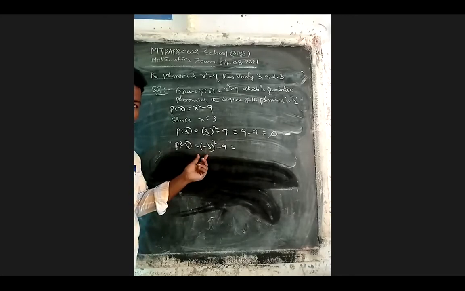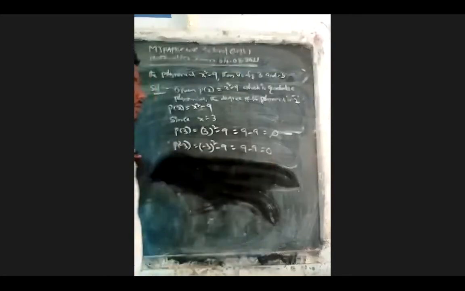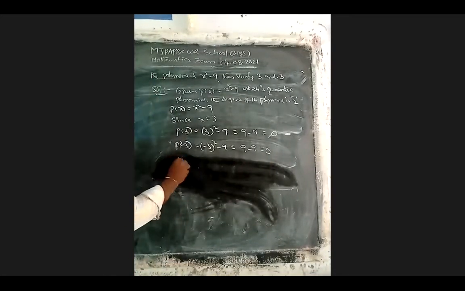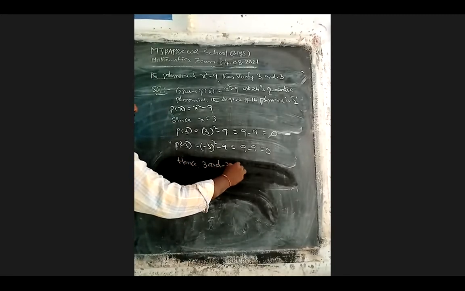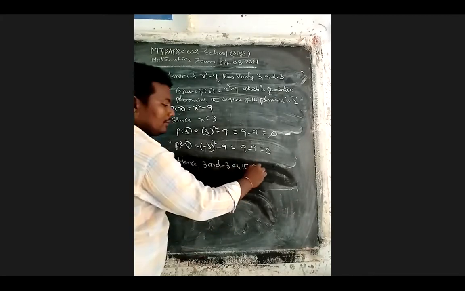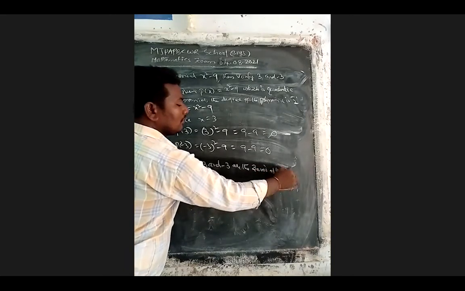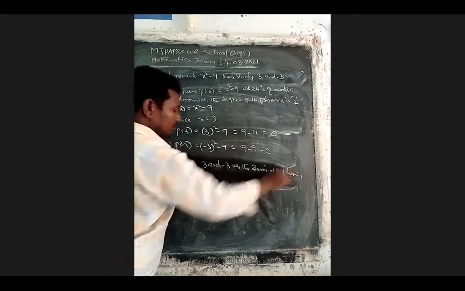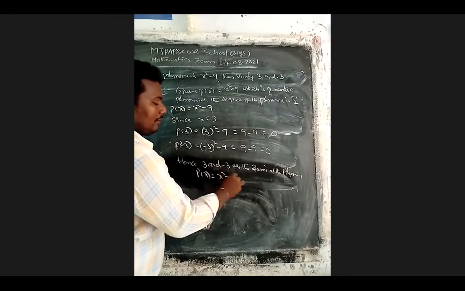Minus 3 whole square is 9, and 9 minus 9 equals 0. Hence, 3 and minus 3 are the zeros of the polynomial P of x equals x square minus 9.